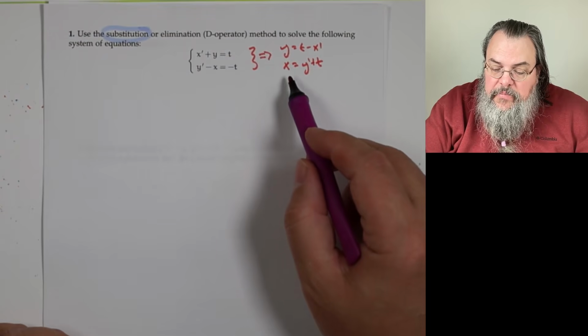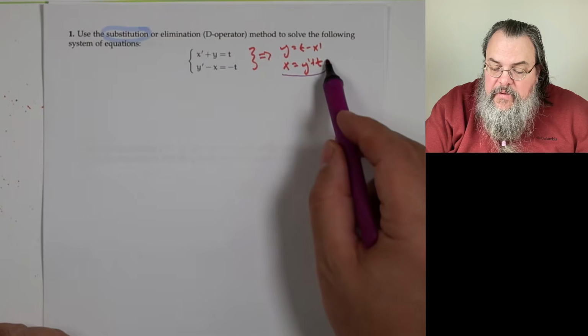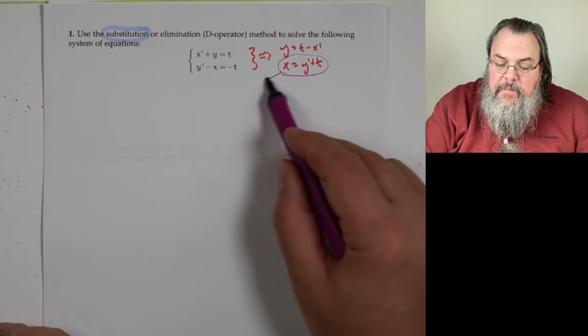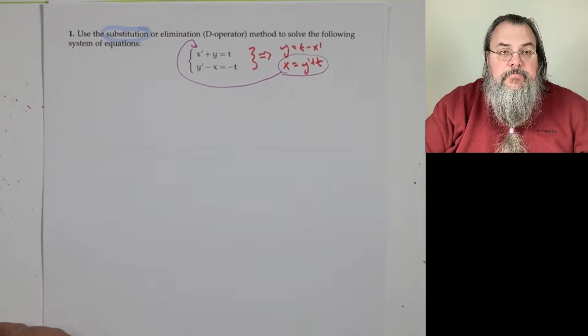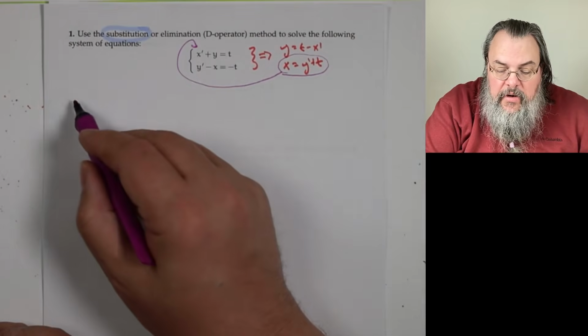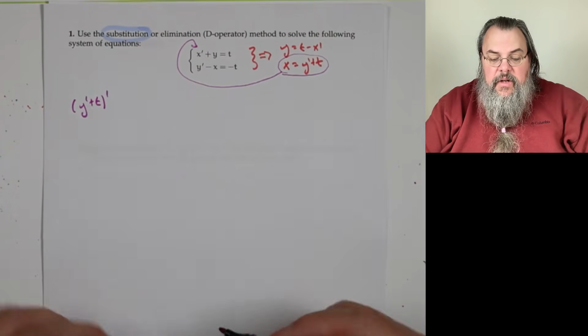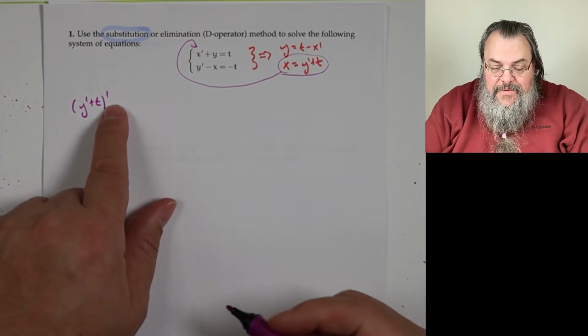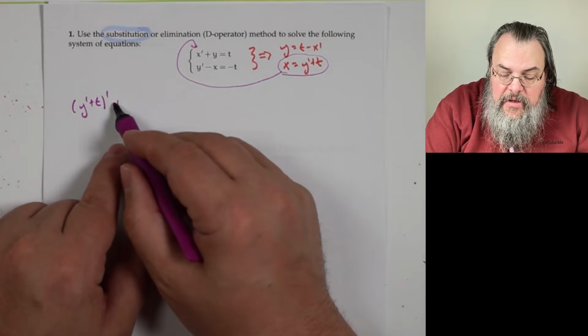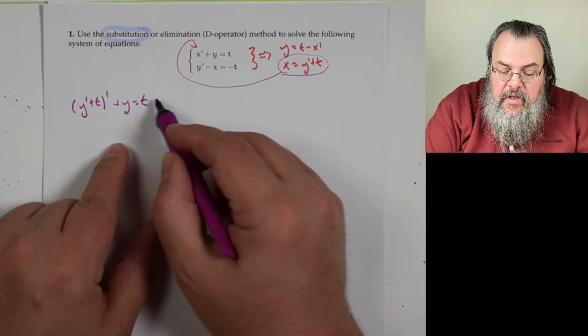Okay, so what can we do? So here, this came from the second equation, so I'm going to plug it into the first equation. So we say, all right, y prime plus t prime. Right? So this is not to the first, but the derivative. Know what you write, plus y equals t.